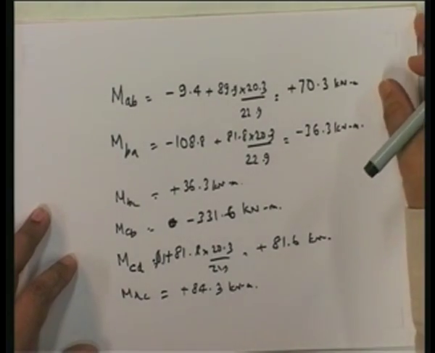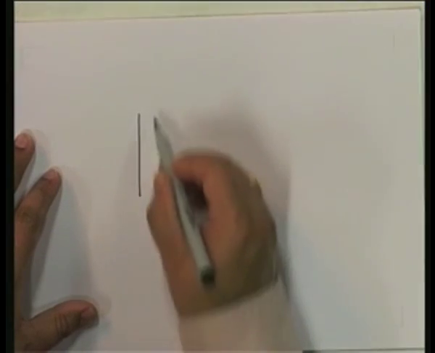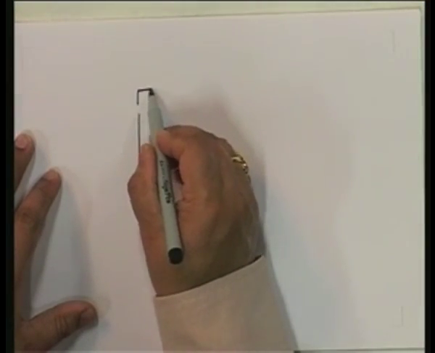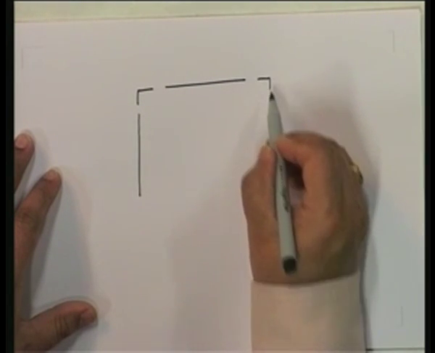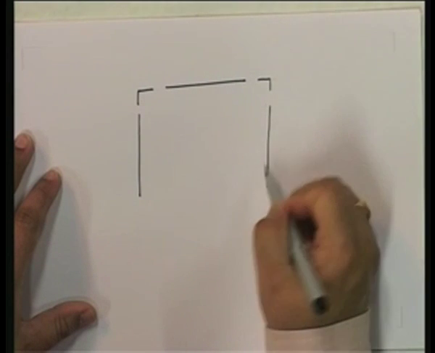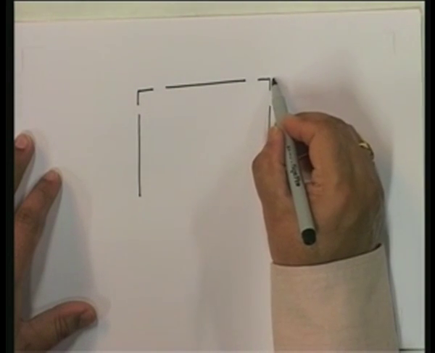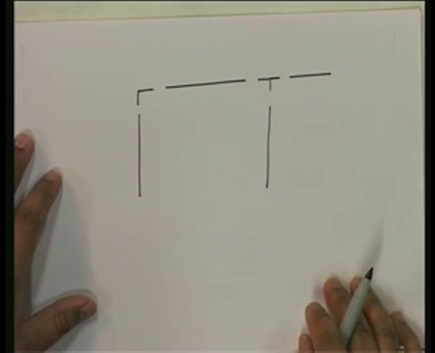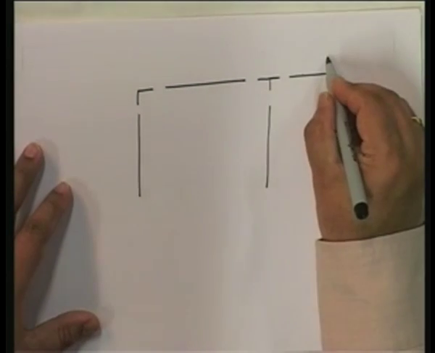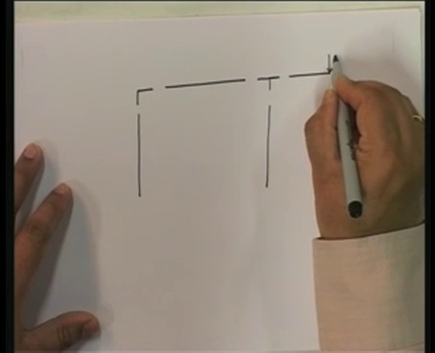Okay, so once we have these, then my final member end moments turn out to be... so this is the final actual structure that I am going to put down.